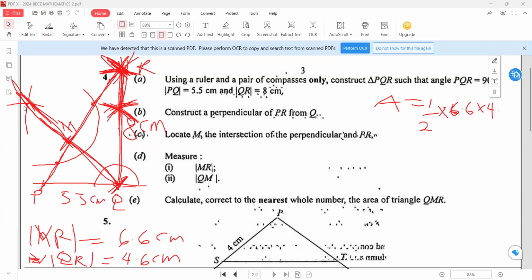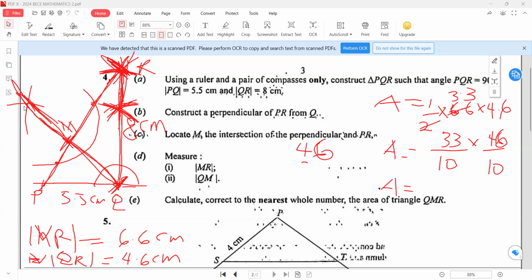times your 4.6. Half of 6.6 is 3.3. So now you have 3.3 by 4.6. We change them to fractions. So 46 times 33 gives 1518.